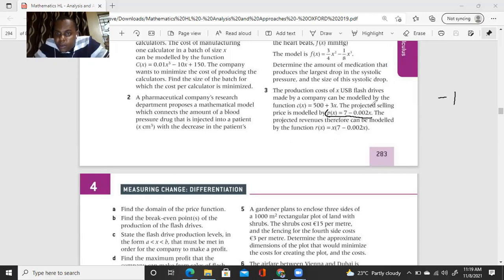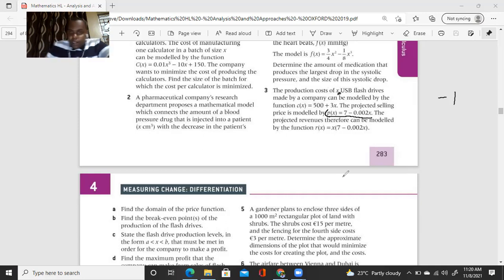But remember, x is the number of flash drives. Can it be negative? Oh, no. Okay. No, it can't. So you must work with positive numbers, starting from 0. From 0. Okay.